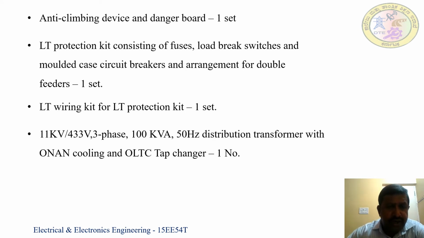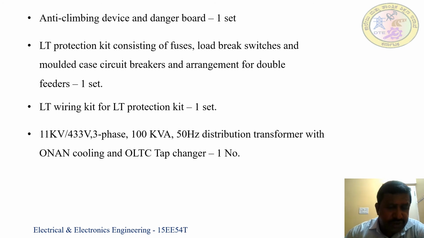Next material is LT protection kit consisting of fuses, load break switches and molded case circuit breakers and arrangement for double feeders. Total quantity 1 set. Next material is LT wiring kit for LT protection kit. So that is 1 set.